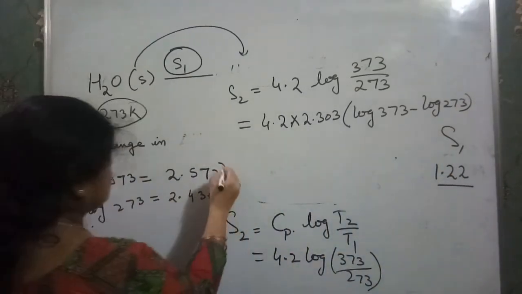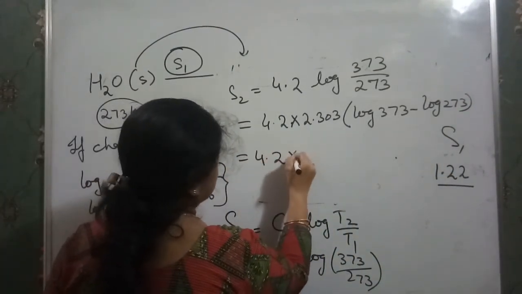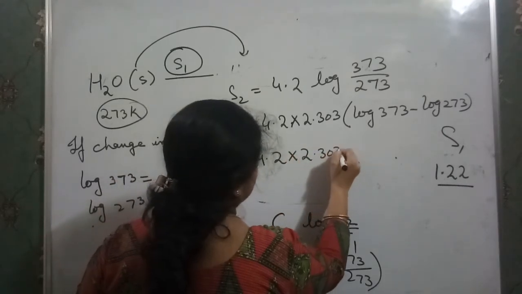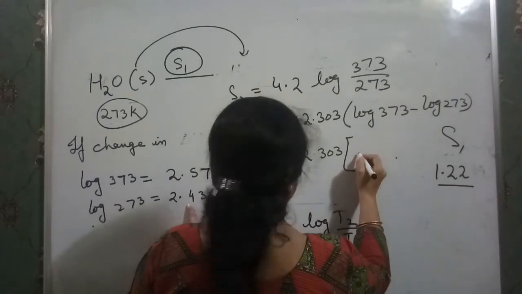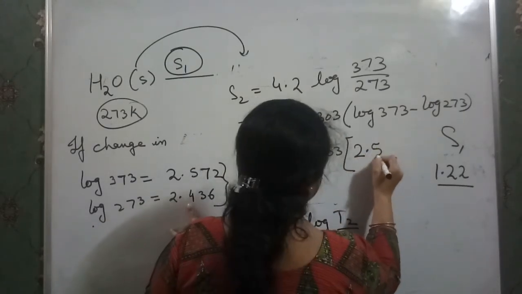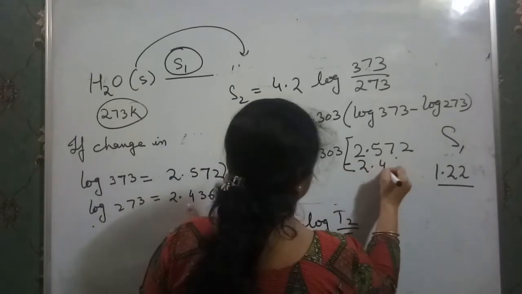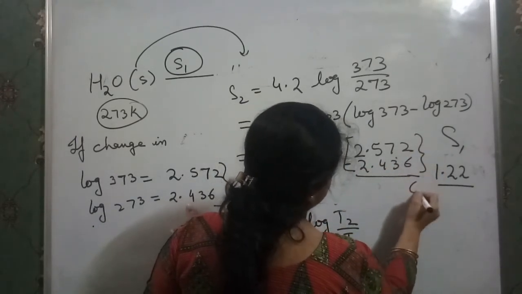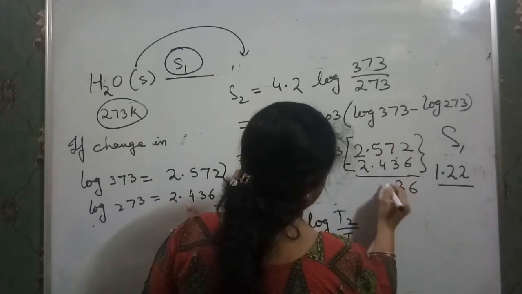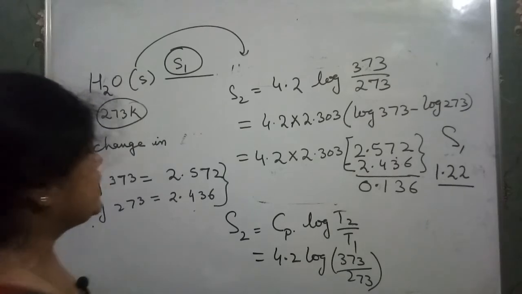Now we have different values given here, so put all the values in the equation and solve it. Here we just subtract these two: 2.572 minus 2.436. Now when we multiply this, we get the value.